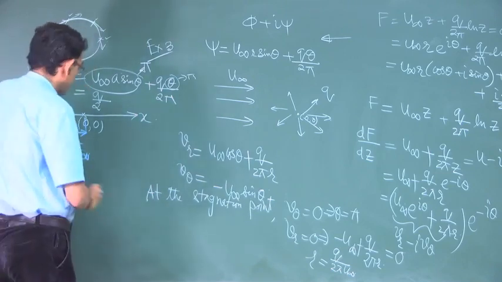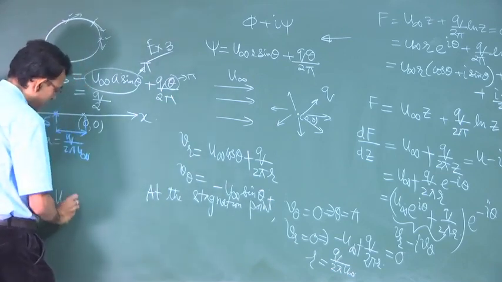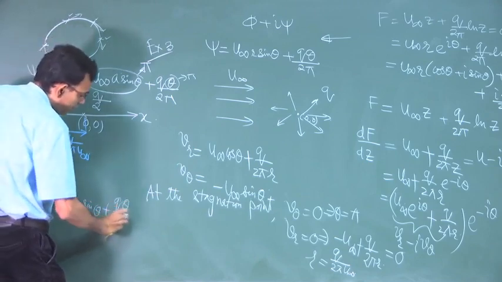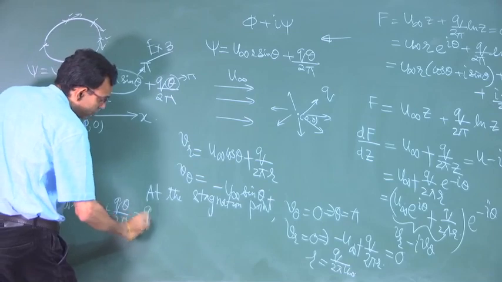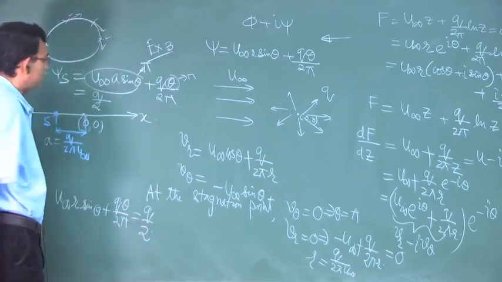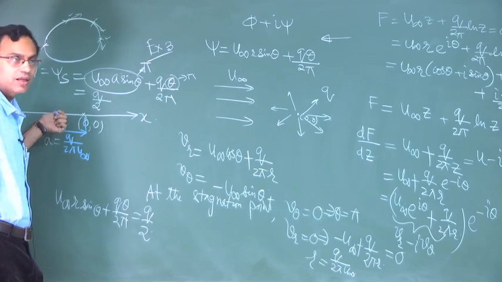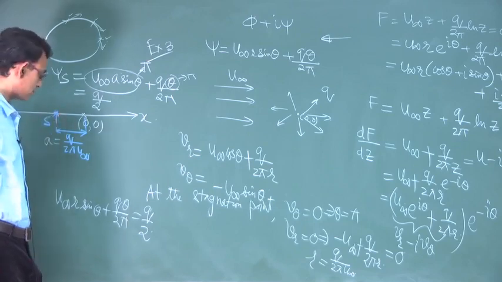So, that means u infinity r sin theta plus q theta by 2 pi is equal to q by 2. This is the equation of the streamline passing through the stagnation point.